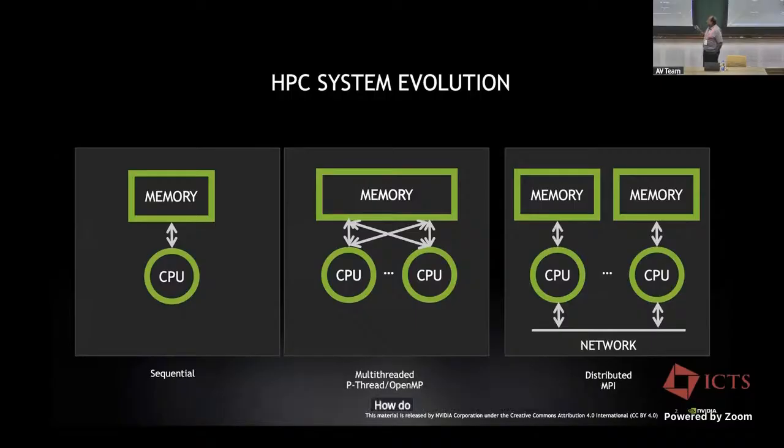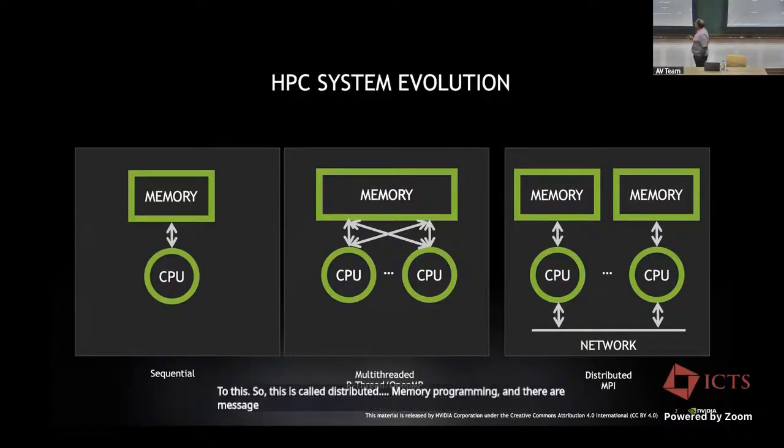How do they communicate these modified results? How should this processor know about this, and this processor know about that? So they come up with some protocols that after some time steps, I am going to communicate the results of this to this. This is called distributed memory programming, and there are message passing or MPI protocols which are written for that. Okay.